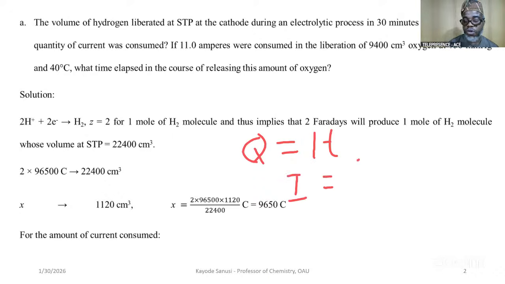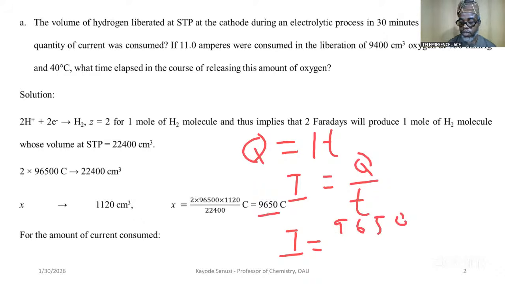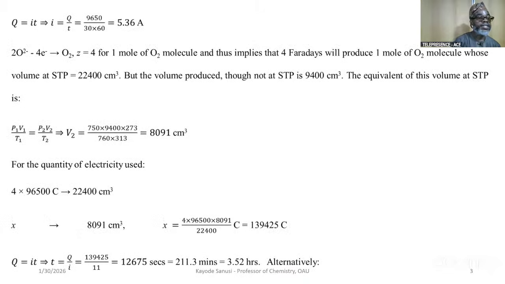I equals Q over T. So the current consumed is going to be 9650 coulomb, which we obtained here, over time. The time is going to be in seconds, 30 minutes times 60. And that is what will give us the current. So the current will be 5.36 A.